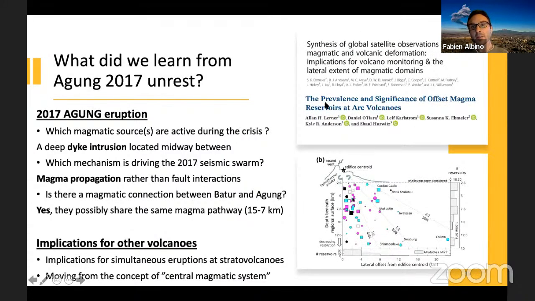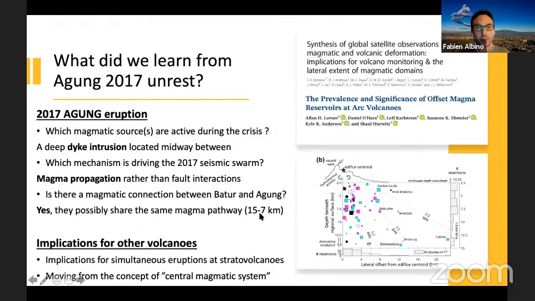And this has been already done by recent studies by my colleague Suzy Meyer or Lerner at the University of Oregon, who looked statistically at how a magmatic system can be offset from the central edifice, and they both found the same result, about 20%. So it's very interesting to see how this system evolves in time and in space.